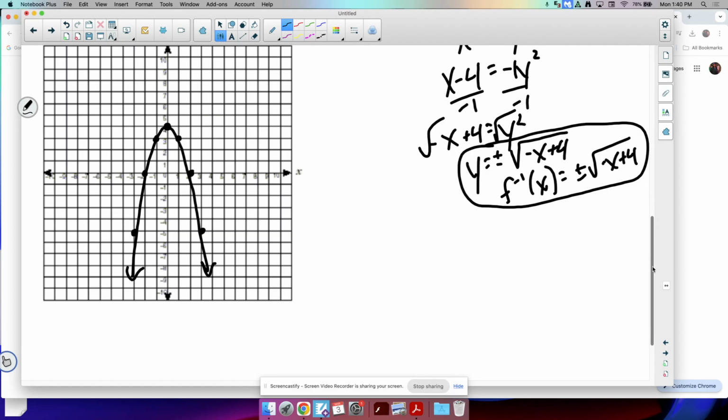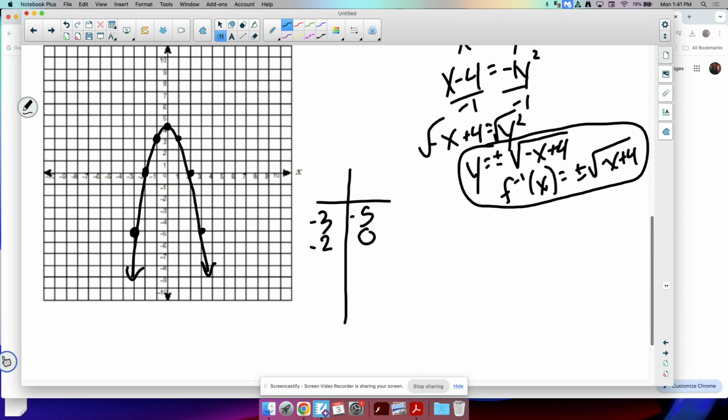So this graph right here is just a whole bunch of ordered pairs. Like this ordered pair right here is back 3, down 5. The next ordered pair, what's the ordered pair right there? What's its x value? -2, what's its y value? 0.